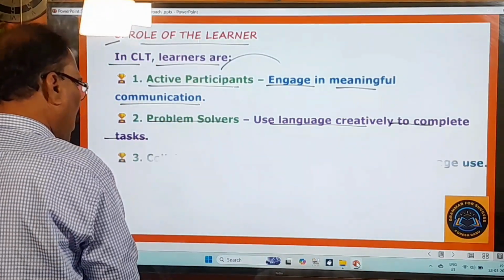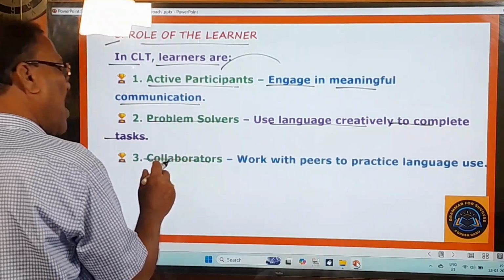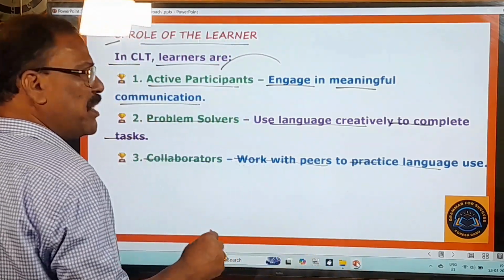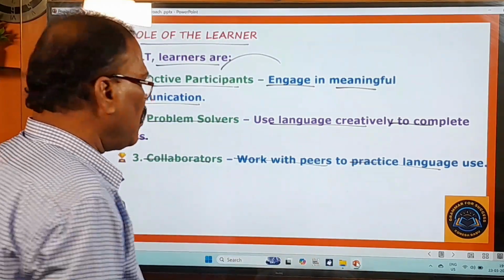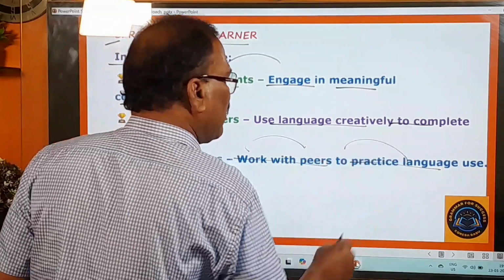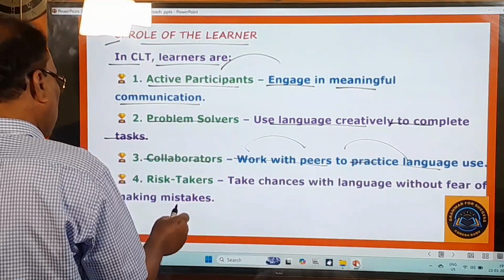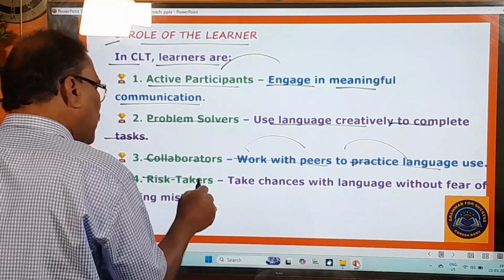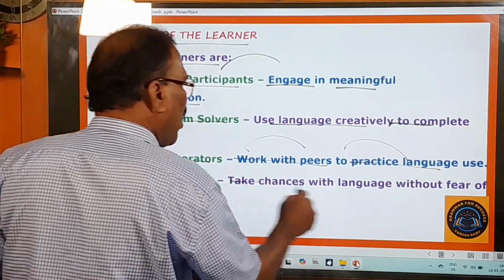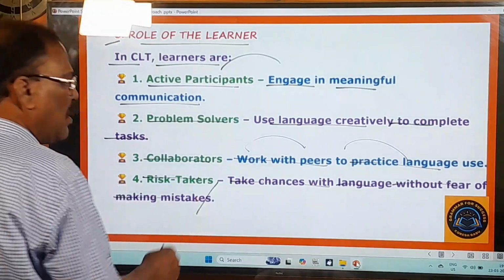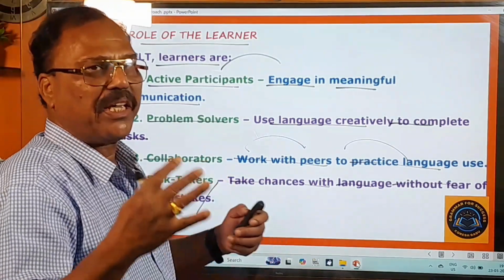And they also act as collaborators. Collaborators means working with peers to practice language. Peers means here students or learners. So they work with peers to practice language use, and in that way they act as collaborators. Next, they also act as risk takers because they take chances with language without fear of making mistakes. So they don't have any fear of making mistakes.